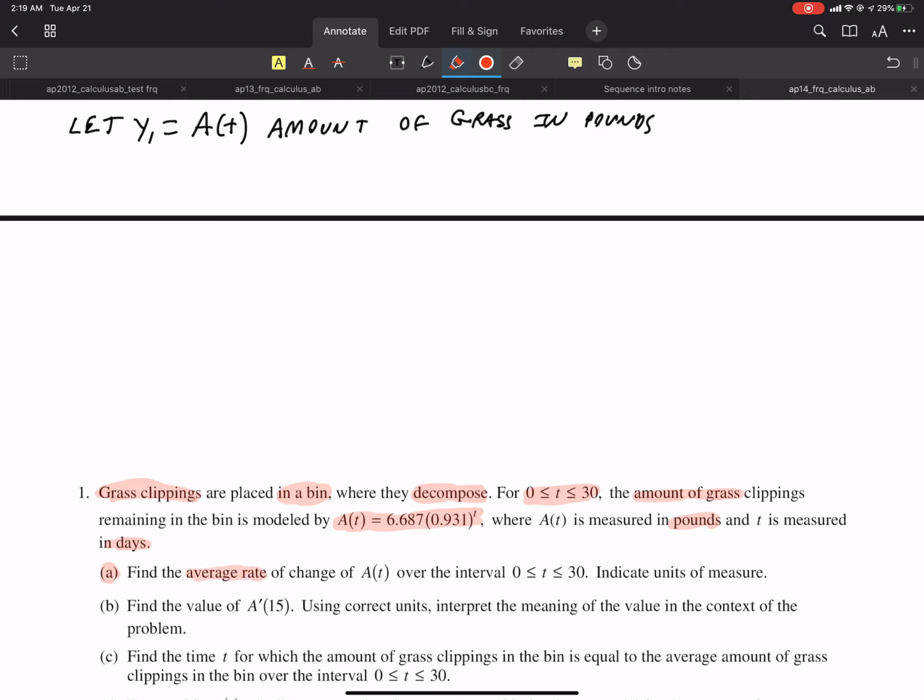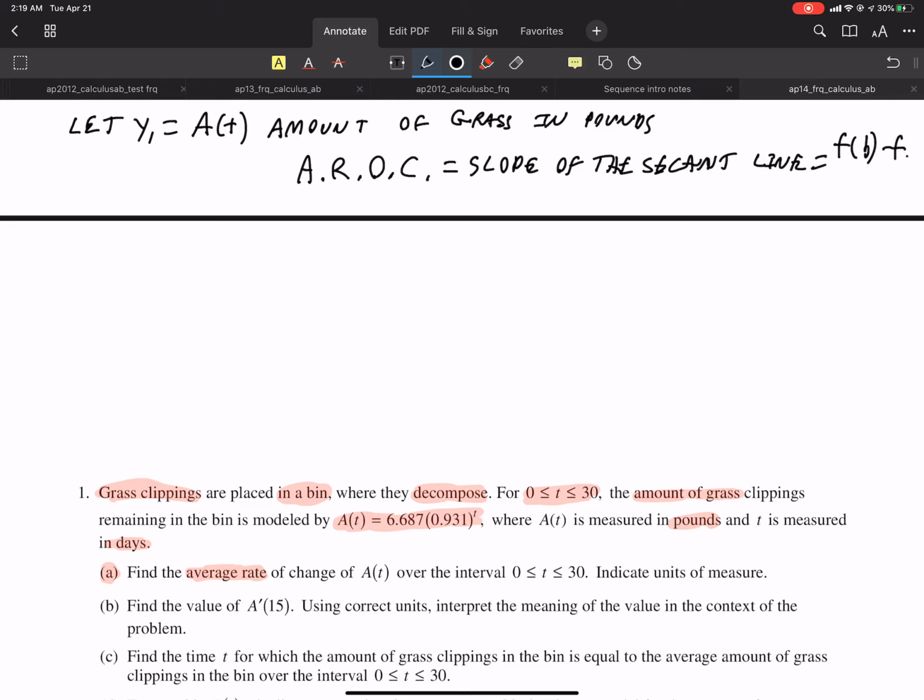Average rate. So make sure you know the difference between average rate and average value. Very distinct. You have to understand this or you'll get problems wrong. So I'm just going to remind you. Average rate of change, also known as the slope of the secant line, we write that as f of b minus f of a over b minus a.